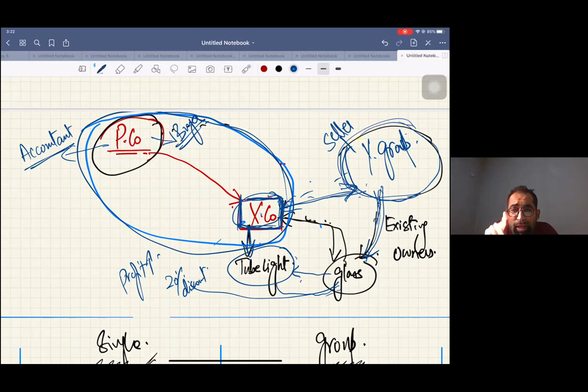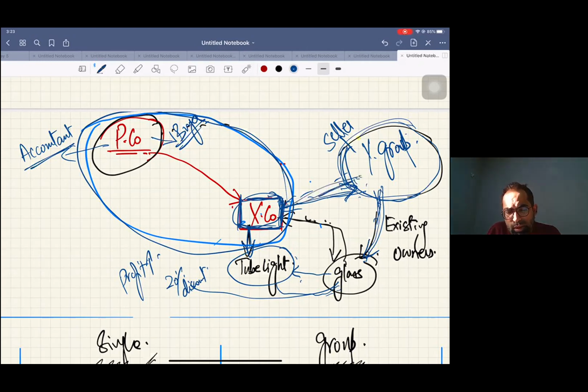So before buying, you need to check whether there are family transactions in the group or not. This is the first thing. Number two, right now the parent company is not the owner of X company. Please look at me and be very active. Right now the owners are these people, Y group of companies.